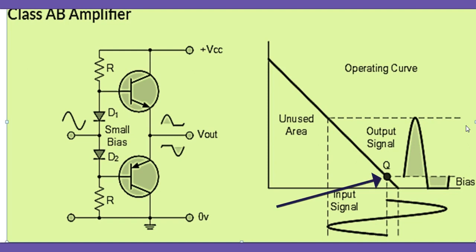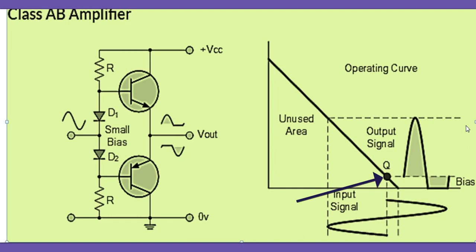It is not touching the collector emitter voltage axis, and it is not at the midpoint. It is not at the midpoint like class A, and it is not touching the collector emitter voltage axis like class B, but it is near to this axis.